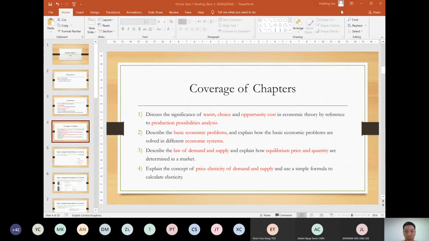I think I have one slide. There is one question in my lecture slide. Let me try to share. I emphasize this because I want to ensure that you can understand the concept of opportunity cost. I'll share one slide from chapter 1. Let me try to open chapter 1.